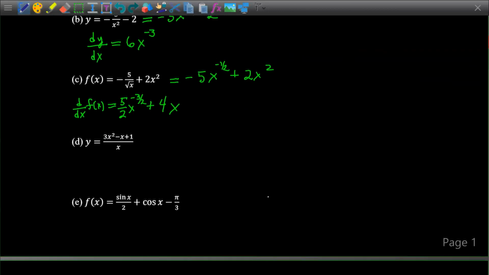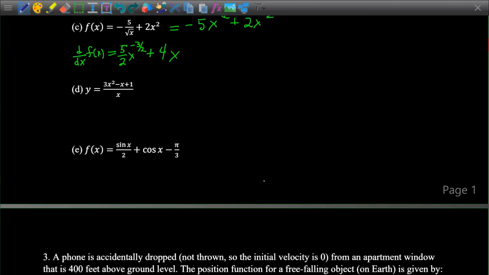All right. For D, the technique I'm going to use here, you could, if you wanted to, use the quotient rule, but there is no need to in this case, because I can rewrite this. You wouldn't have to put this many steps, of course, but I'm going to just basically undo this fraction, make it a sum of 3 fractions, and then simplify.